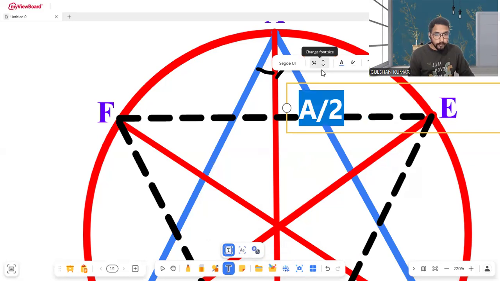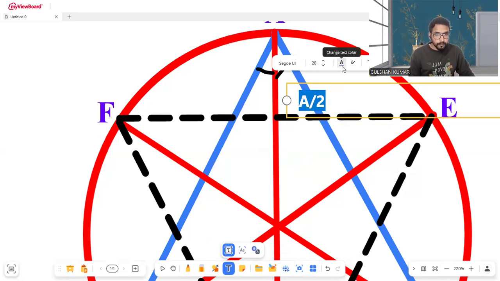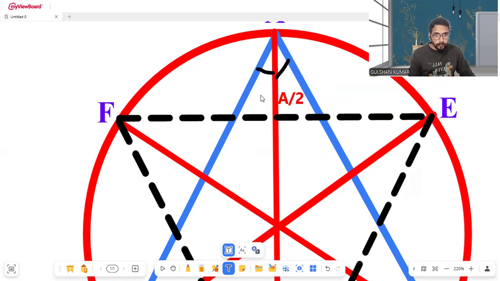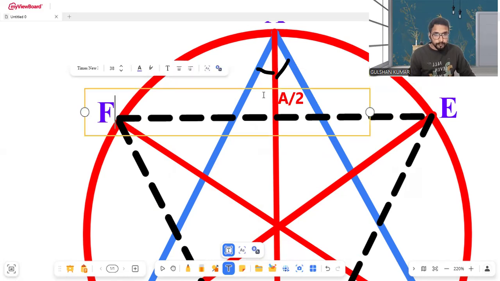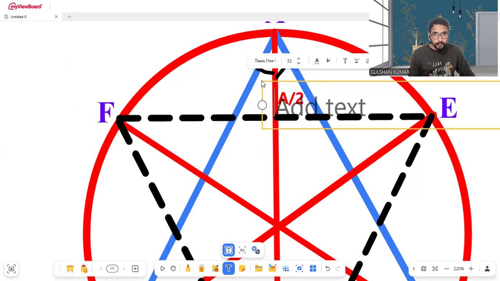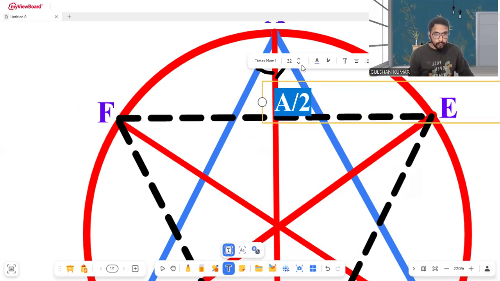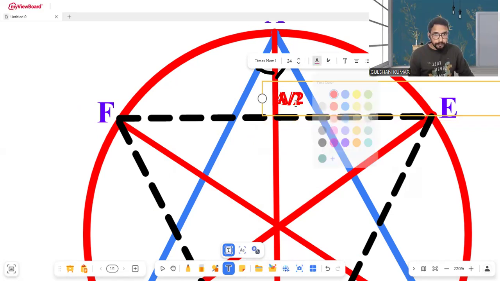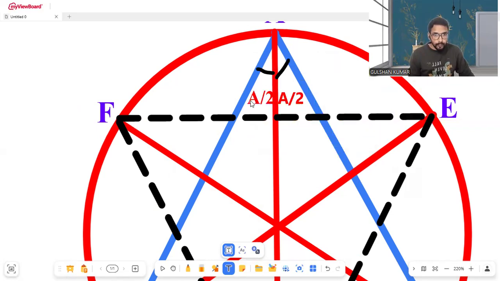This will be A by 2, another one will be A by 2, and this will also be A by 2.